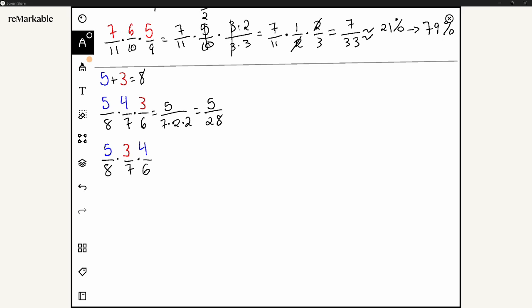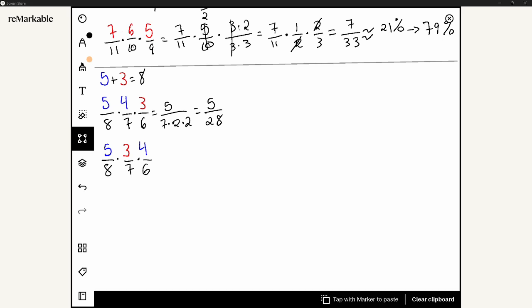Except not really. Remember how I told you that the order in which we multiply doesn't matter? Hopefully you remember that. Well, what if we take this and, well, we can just move these, right? Because it's really 5 times 4 times 3 times 1 over 8 times 1 over 7 times 1 over 6. Well, if the order doesn't matter, we can rearrange our numerators and denominators however we like, in any order we like, so long as we don't change the values, right?